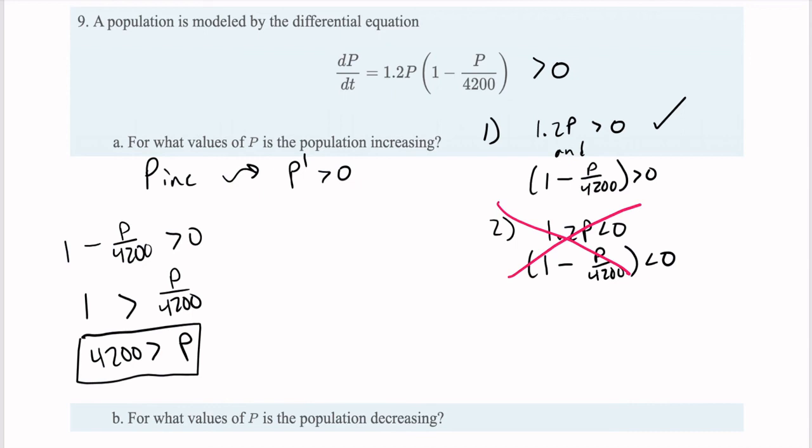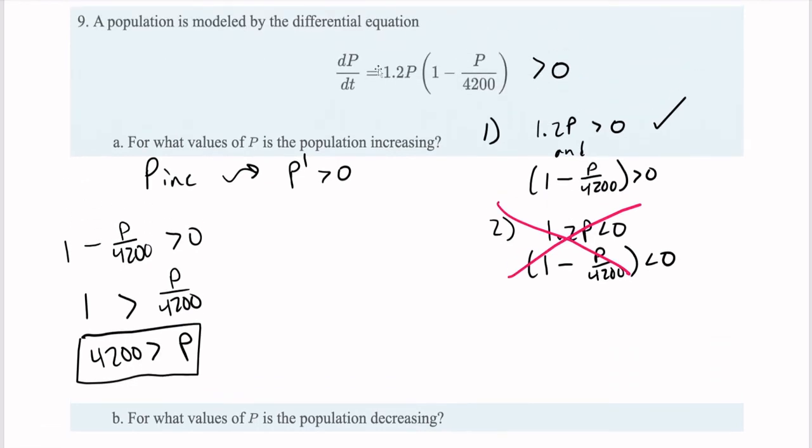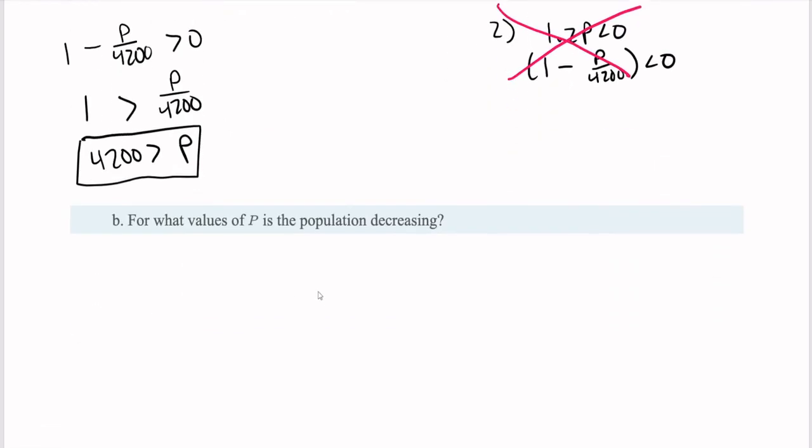Okay. And then you could kind of keep going through here. When is it going to decrease? Well, do the same thing. For this to decrease, what happens? I need 1.2p times 1 minus p over 4,200, I need the derivative, which is equal to this, to be less than 0. Okay, well, we just kind of talked about how this is never going to be less than 0.